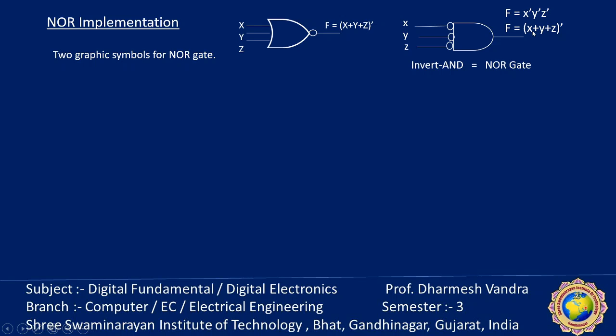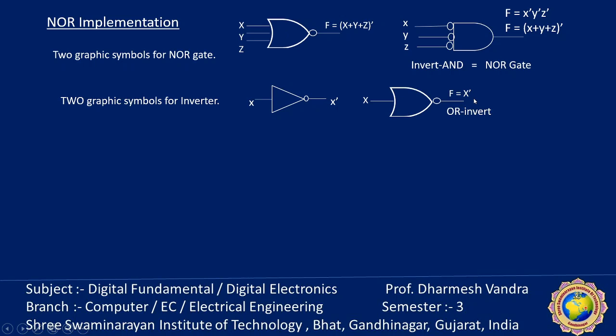This is the expanded form of (x plus y plus z)', as per De Morgan's theorem. So the functionality of this type of gate is the NOR gate, known as first inverting, then ANDing. So invert-AND is equal to NOR gate. Similarly, for an inverter x', if I give one input to a NOR gate, it behaves as an inverter, x'.